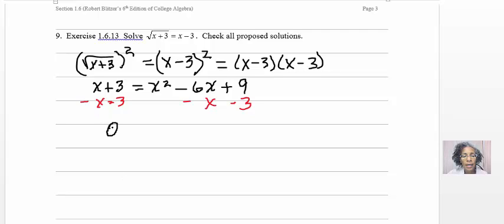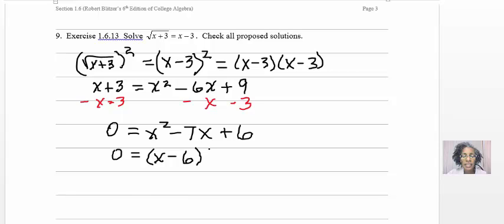So I have 0 now on the left and x squared minus 7x plus 6 on the right. And this can be solved by factoring. The factors of this are x minus 6 times x minus 1. And if you need to check to make sure that's right, do that on scratch paper.